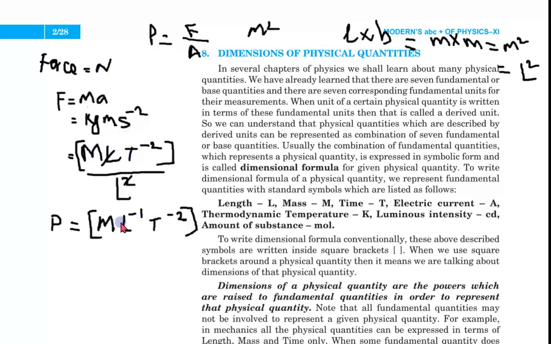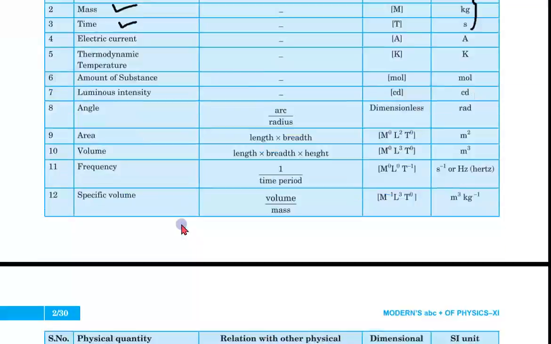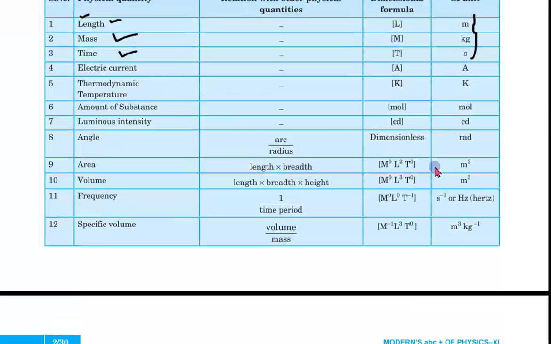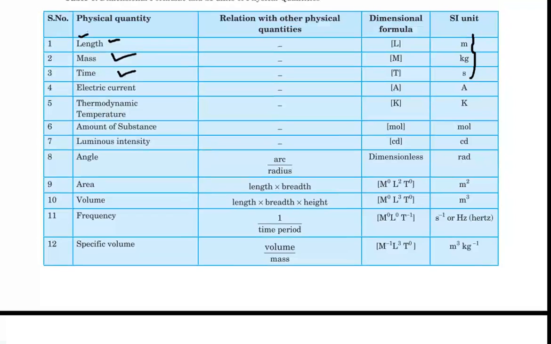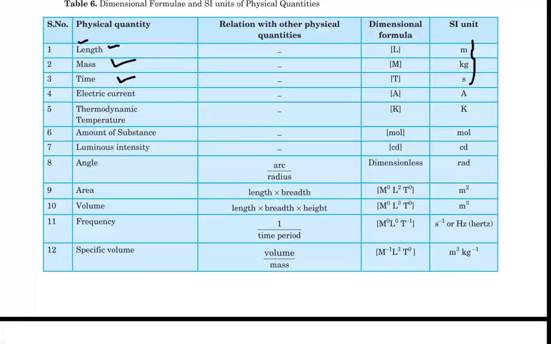Now, I already knew that pressure is force by area, so I can calculate the dimensions of pressure. If I don't know, then I cannot calculate these dimensions. So the first most important thing is to know the physical formula. Your first task is to learn all the formulas by heart.